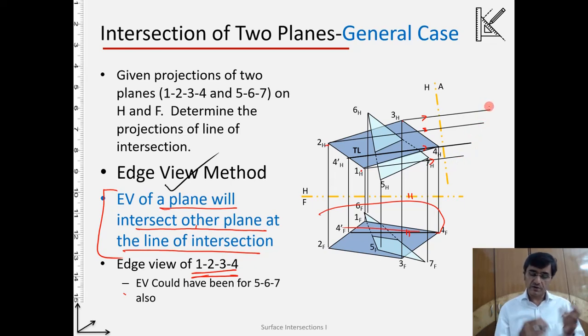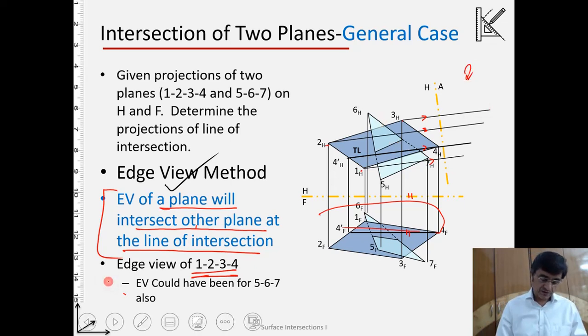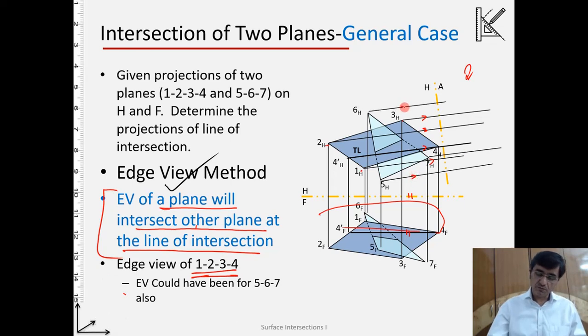Similarly, we have another plane 5 6 7, and this will also be projected onto this auxiliary plane. So let us do it. These are the projectors from 5 6, and here it is 7. Again we'll measure the distances to 6, 5 and 7 on the frontal and apply them onto the auxiliary.